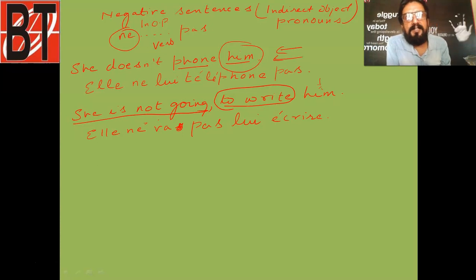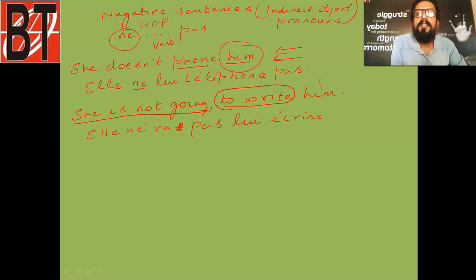They are very simple, and while framing the negative sentences, please do remember, when your direct or indirect object pronoun is included in the same clause, then the pronoun will always come after "ne", and you should not use "ne" and "pas" together around it.